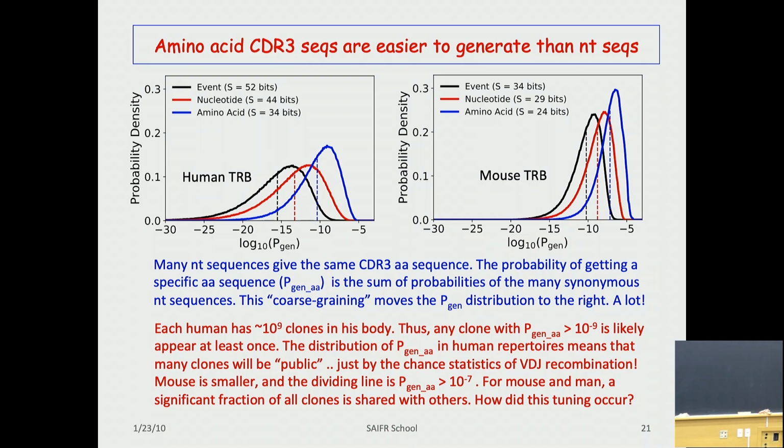It's bookkeeping. All right, so here's the effect of the bookkeeping. The sequences we've been talking about mostly are for the human so-called beta chain of the T-cell receptor. There's a slight annoyance that there are two chains, two proteins. One is called the alpha, and one is called the beta. The alpha chain is longer.